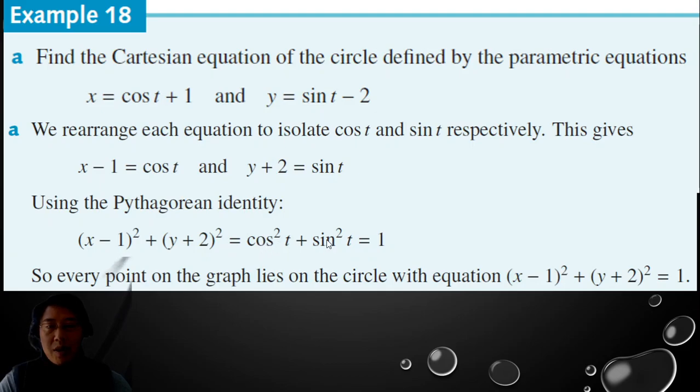Now for cos and sine, we use the expressions that we rearranged earlier, and that is going to be equal to 1, which gives you the equation of your circle. This is the same principle as with the parametric equations of an ellipse, because remember, an ellipse is a general situation that includes circles.